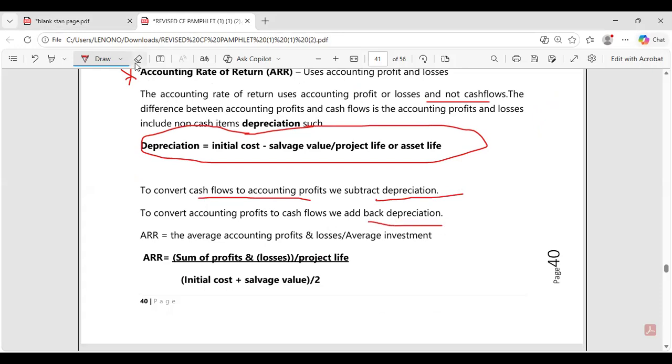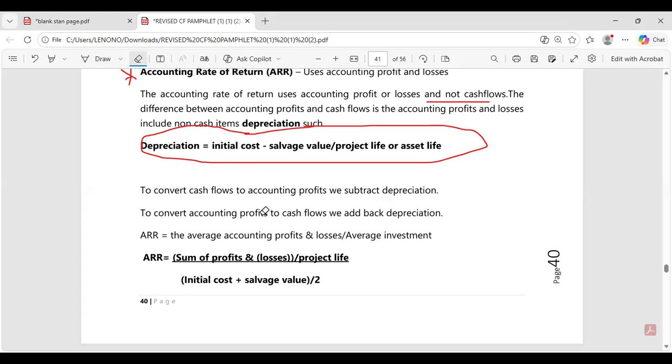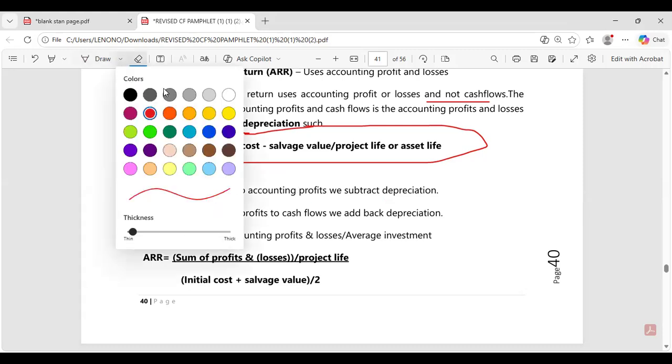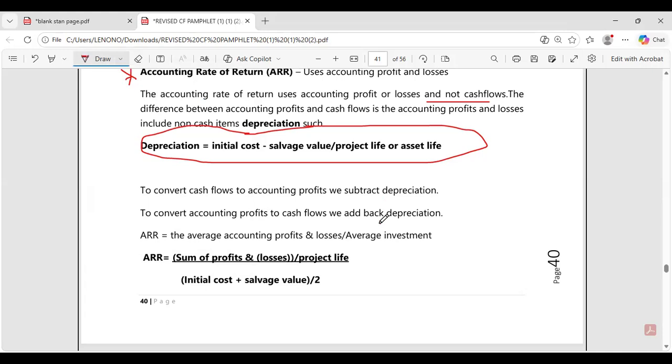So accounting rate of return is equal to average accounting profit or losses divided by average investment. This is the formula for accounting rate of return.